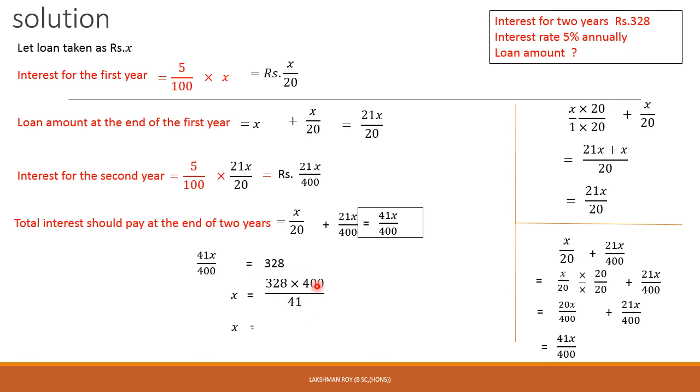So 8 into 400, then you get x is 3200. So x is the loan taken by the person, that is 3200 rupees. Right? So be careful, go through the question and also go through the steps, right? Then you can easily understand this method.